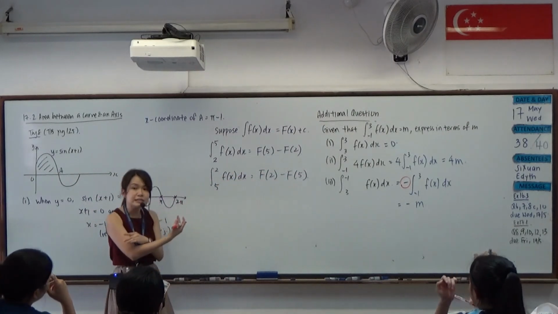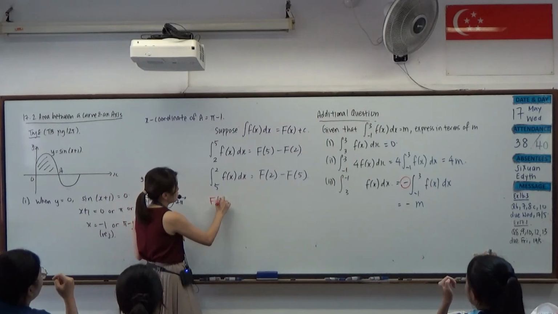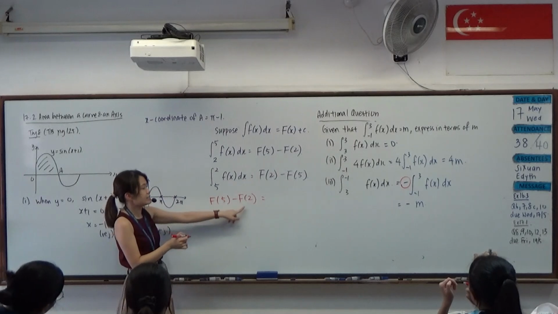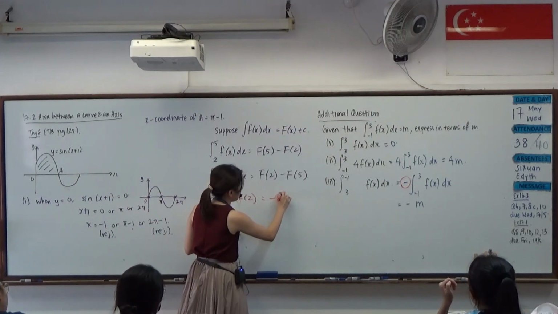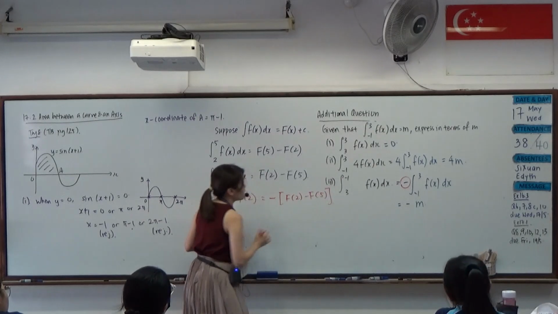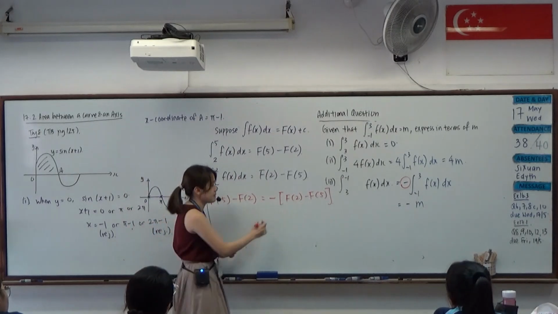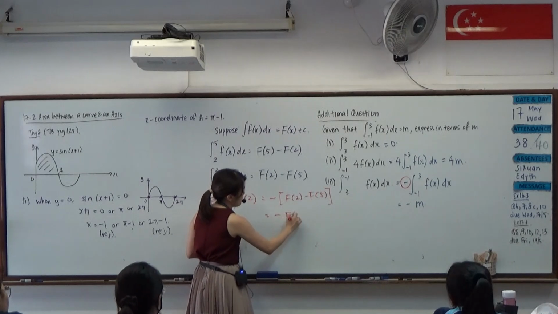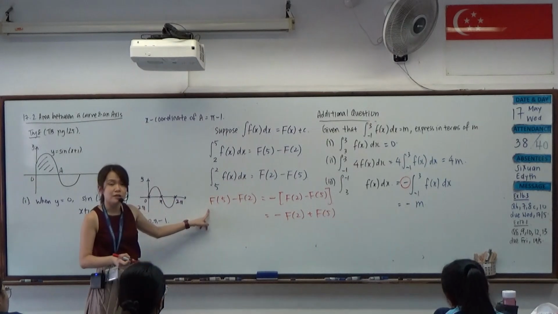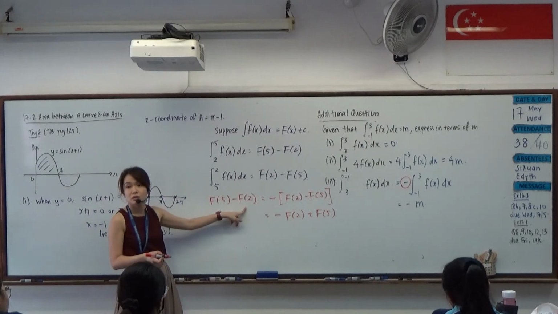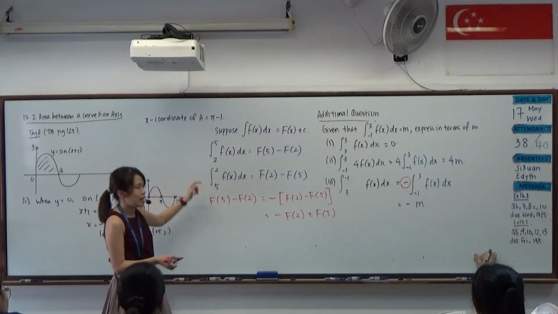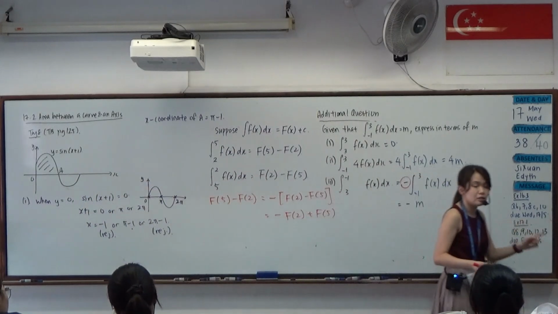It is the reverse, and we know that F(5) minus F(2) is equals to negative of F(2) minus F(5), because algebraically, upon expansion, I'm going to get negative F(2) plus F(5), which is the same thing as positive F(5) minus F(2). So that's why when I switch the boundaries itself, I can apply the negative sign to do the switch.